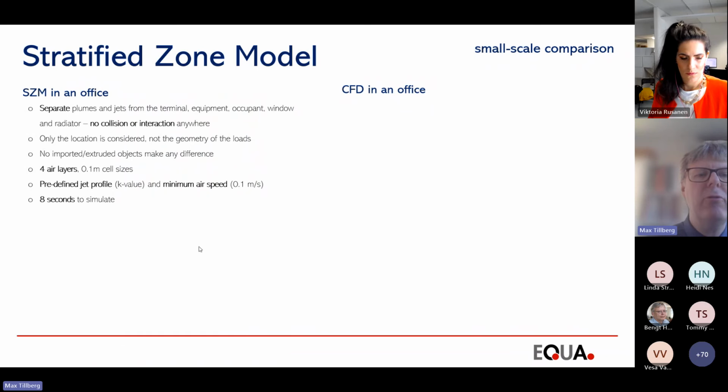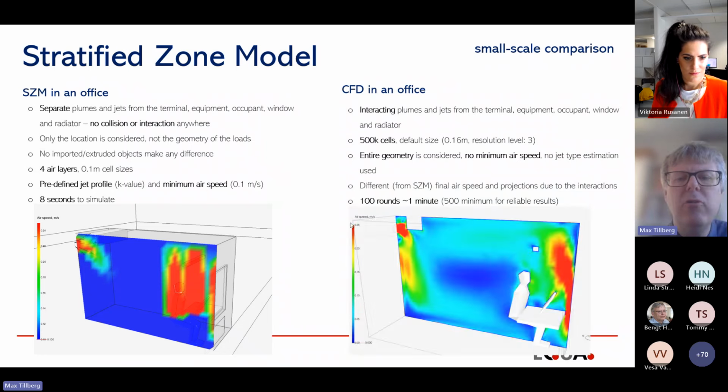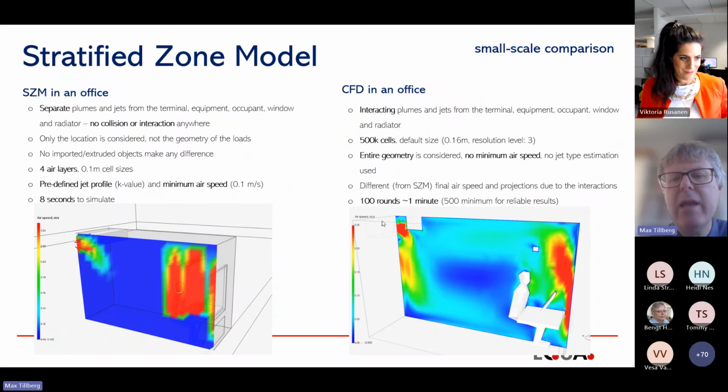And we can look at the same thing for CFD. You see here we have a geometry. We didn't really have a geometry in the zone model; we have more like points defining the location. We also see that these 3-4 airstreams, the convection from these 4, are interacting here.